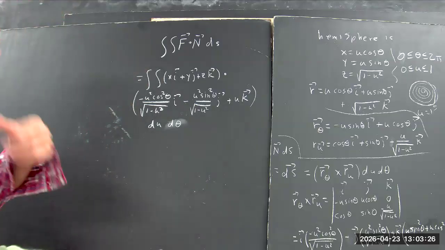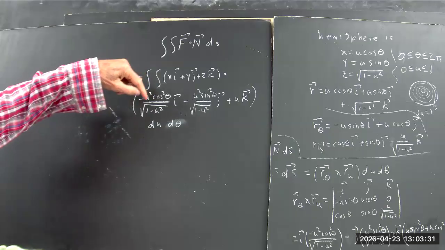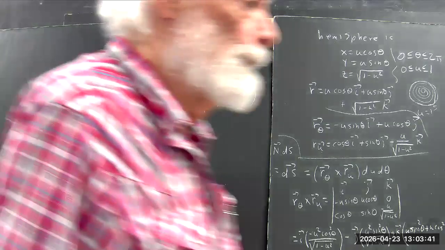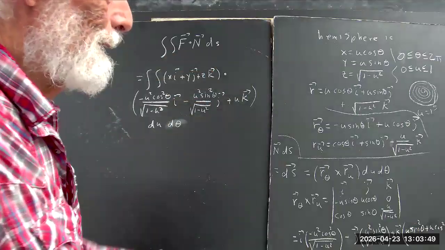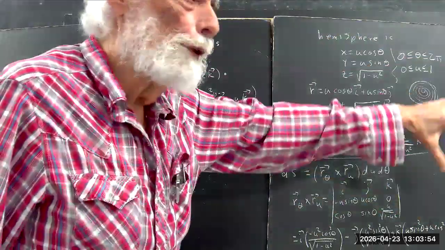Now, what are you going to do with that? Are you going to get x times negative u squared cosine squared theta and so forth? Well, no, you're not going to mix x's and y's with u's and v's. Remember that you parameterized the surface and you're integrating on the surface.